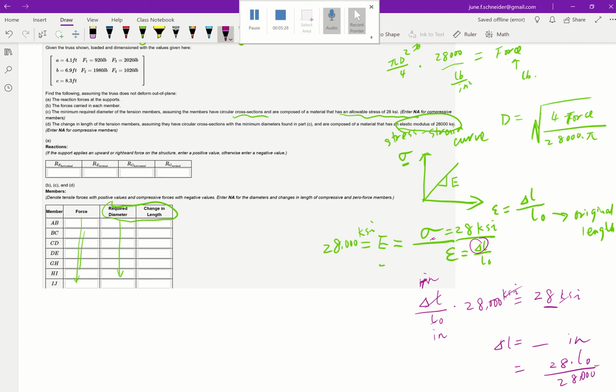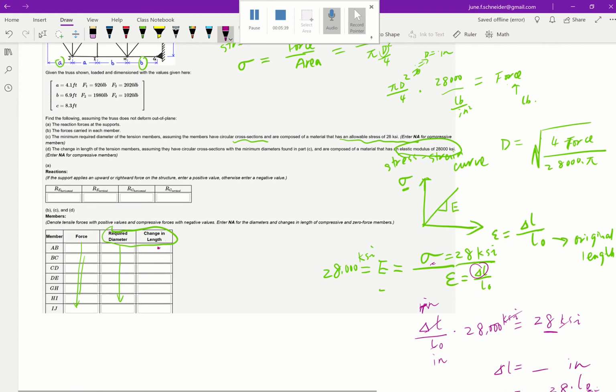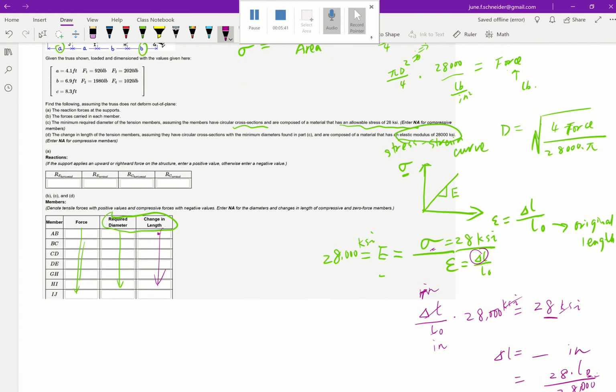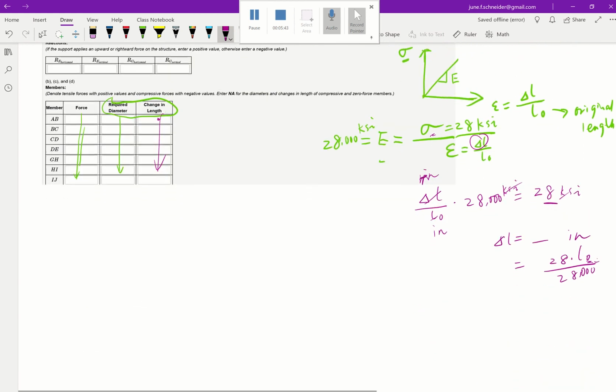So for every single column, for example AB, as long as you figure out the original length, L naught, for AB, which is A, you can solve this and get this column without getting the force, because it's just this equation right here.